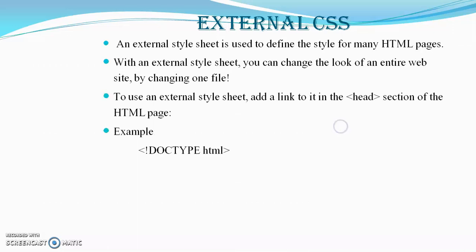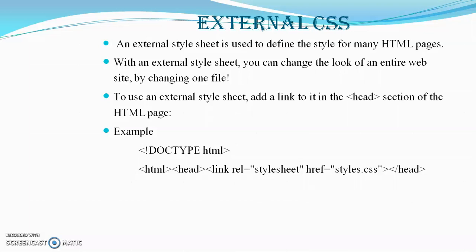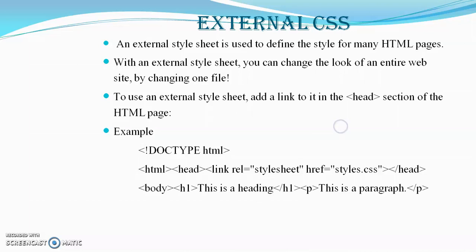For example, HTML head, link rel stylesheet href styles.css, end of the head tag, body h1, paragraph tag, this is a paragraph, and end of the head and the body.